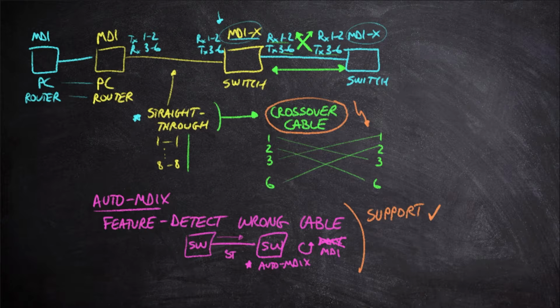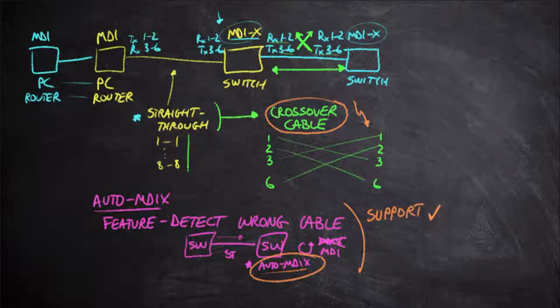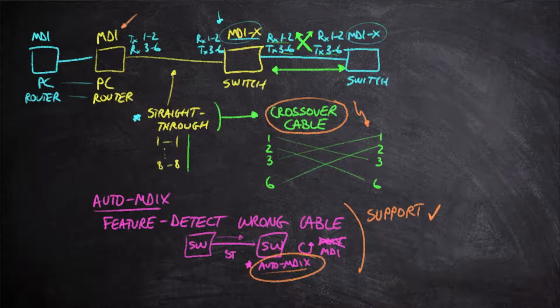But because Auto-MDIX is so prolific, meaning it's just out there everywhere, I can pretty much just carry straight through cables with me, and when I connect two switches together, it'll automatically flip the pairs. But at the same time, we as network engineers need to understand what exactly Auto-MDIX is doing, why it's so important, and we need to come back to understanding the difference between an MDI device and an MDI-X device, and really what's happening under the hood that requires some amount of intelligence when we do connect similar devices.